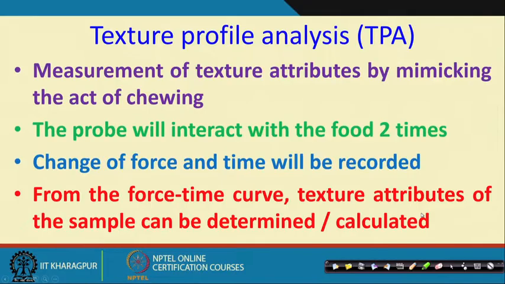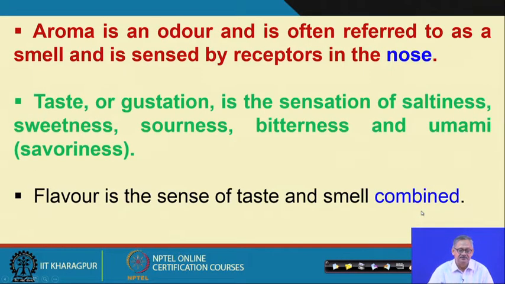What about the other part, aroma and flavor and taste, which we were discussing? So, aroma is an odor and is often referred to as a smell, and is sensed by the receptors in the nose. As you know, this is called the olfactory region, which covers the nasal and mouth cavity all put together.